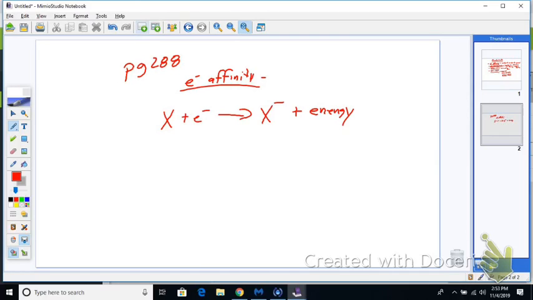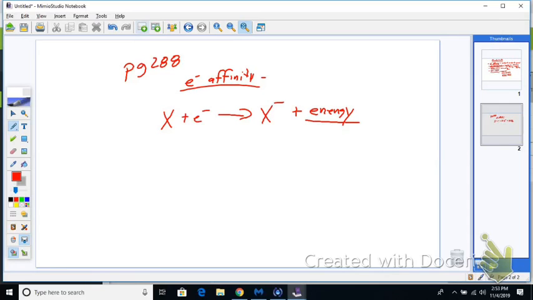Okay, and then that energy is what we're going to look at. That energy is said to be exothermic, which means it's giving off energy. And the more energy it gives off, the more likely it is to pull in an electron.